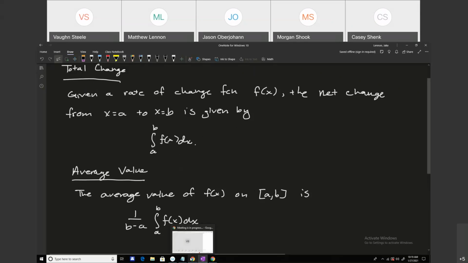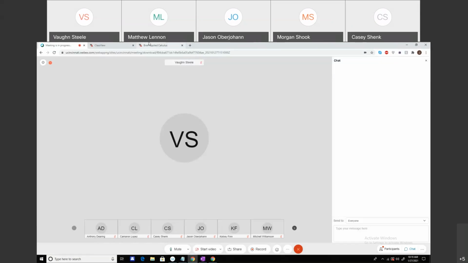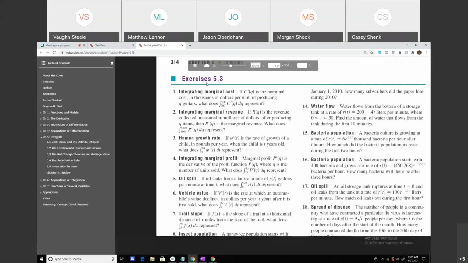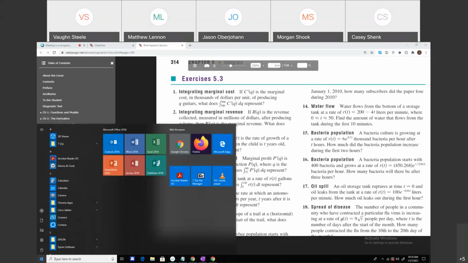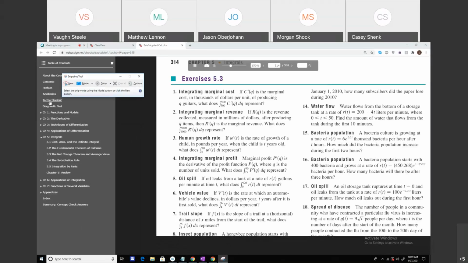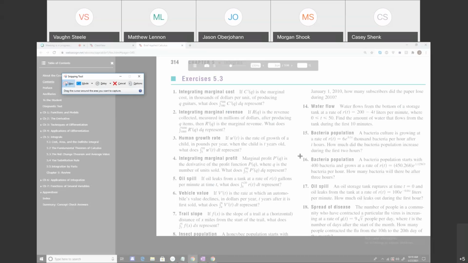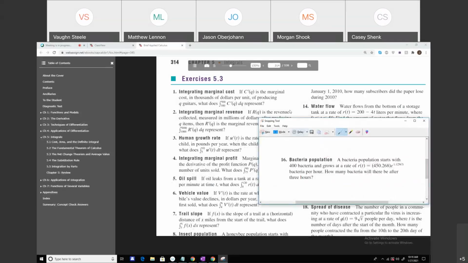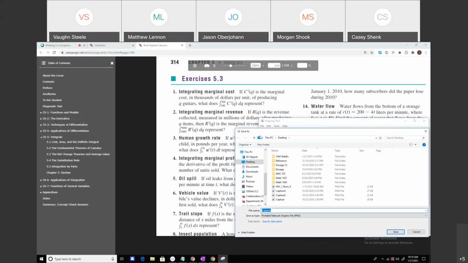I have the textbook opened here to the exercises from section 5.3. So I thought we'd just jump in there. Okay, so probably the best way is if I just use the snipping tool. And then I'll just copy the text in here into OneNote. So we'll say, 5.3, problem 16.